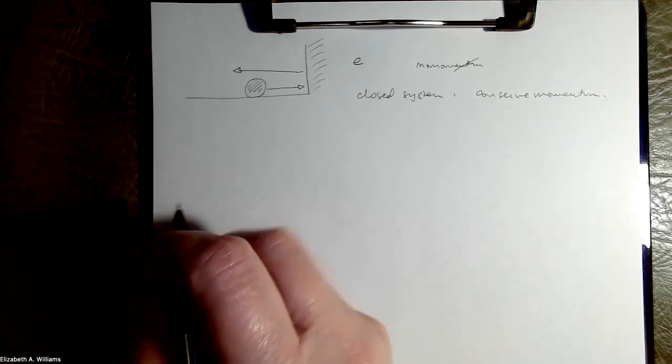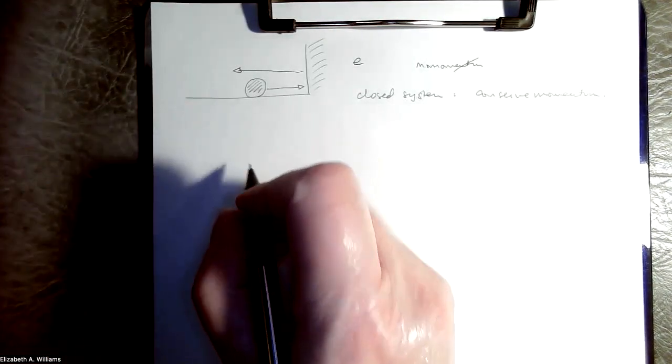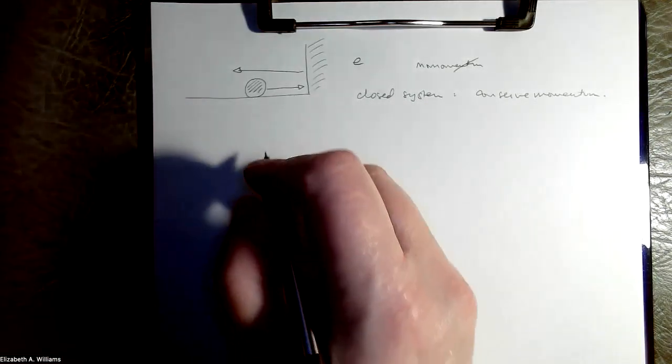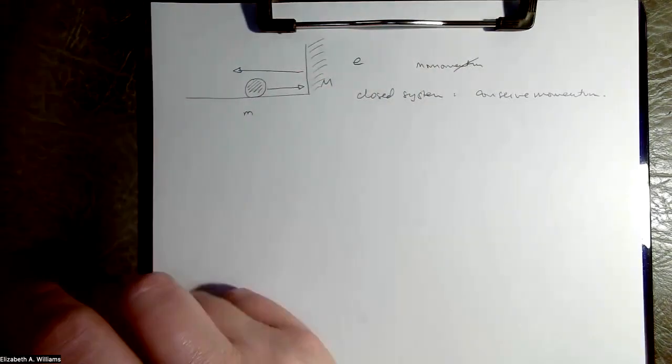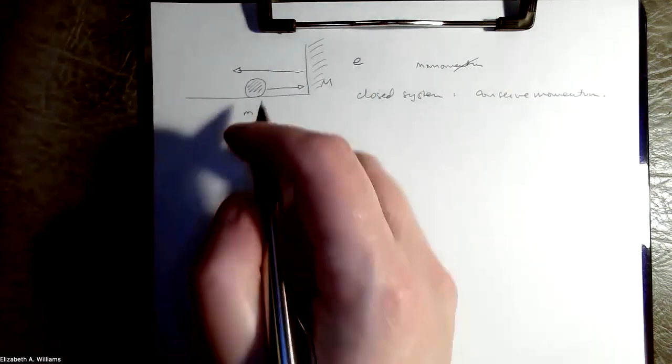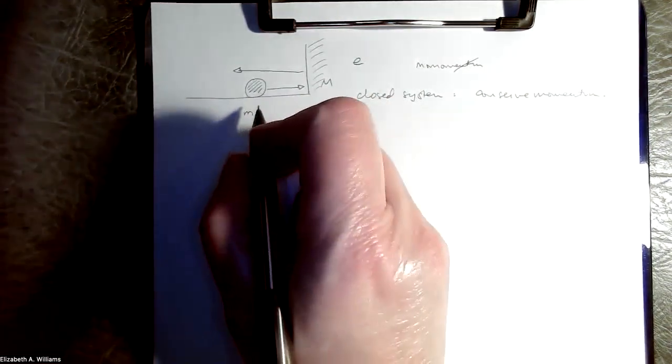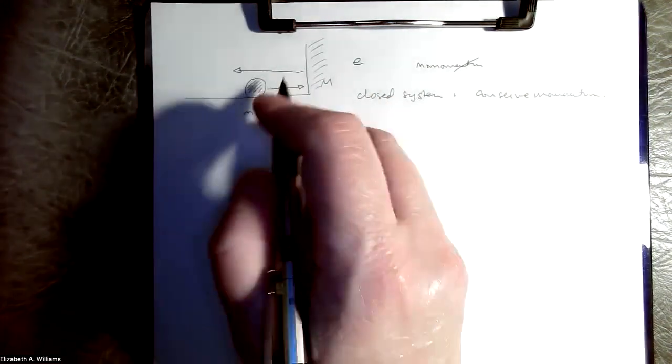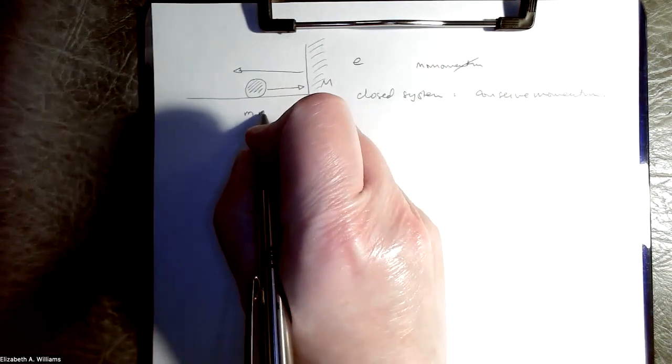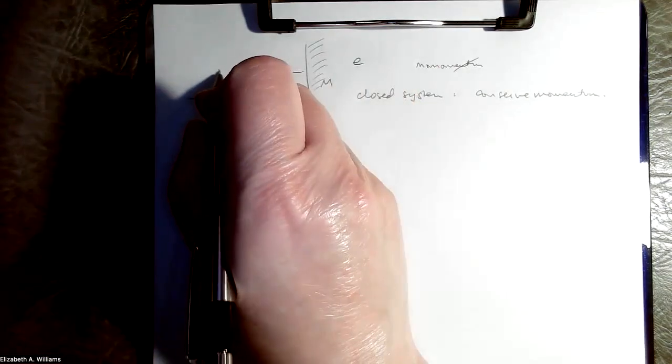I needed to think of it more like this. Let capital M be the mass of the wall and little m be the mass of our ball. The initial velocity of our sphere heading toward the wall will be u, and the rebound velocity will be v.